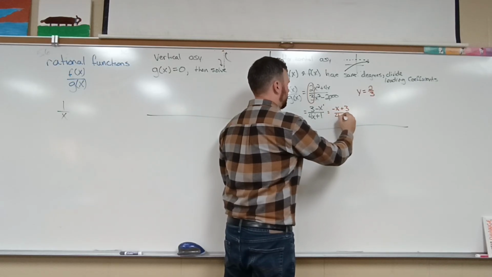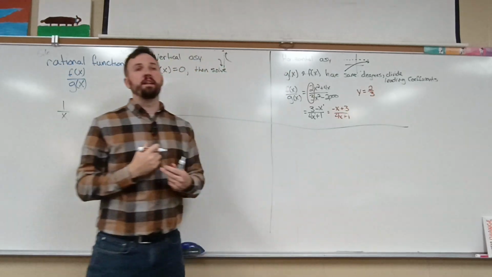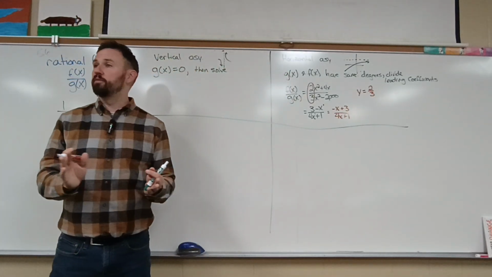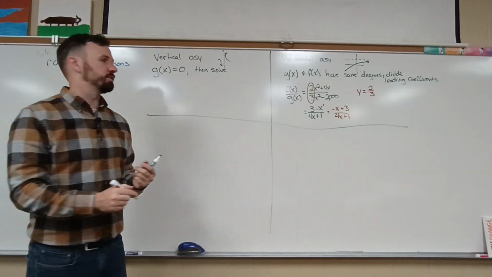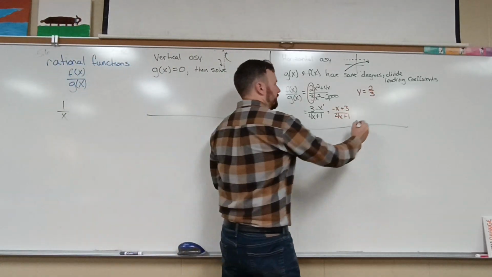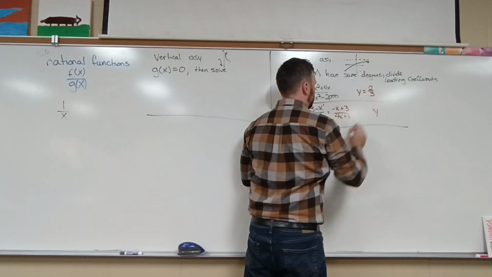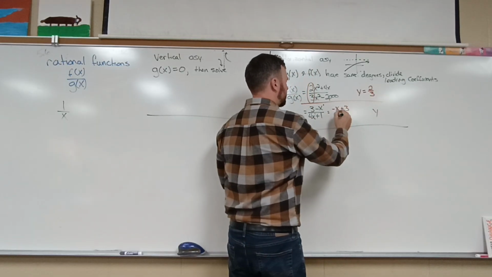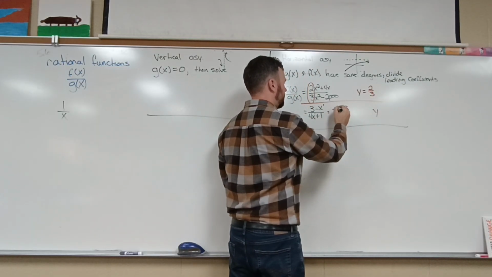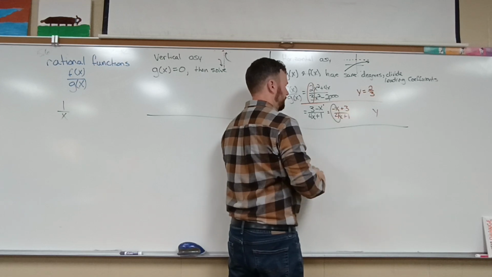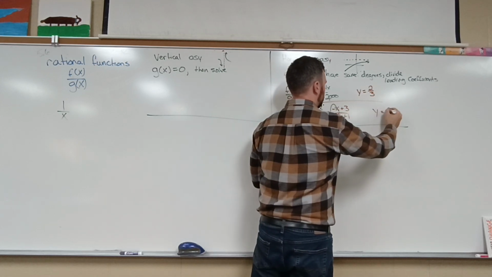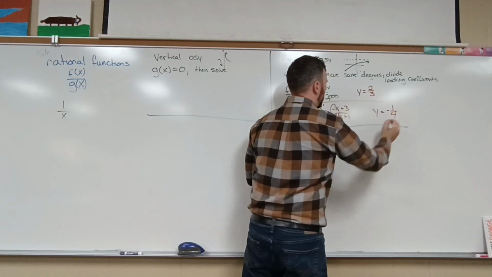You don't have to rewrite it, but I'm going to rewrite it so it's written in the right form, so it's easier to see my leading coefficients. I'll draw a bar there so you know. What are my leading coefficients on this one? Negative 1/4, right? So my asymptote is y equals negative 1/4.